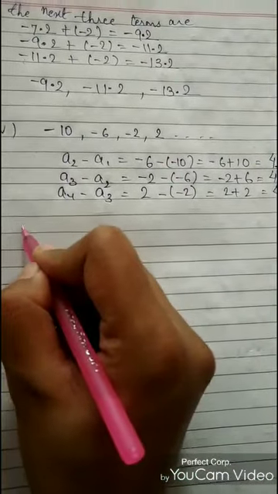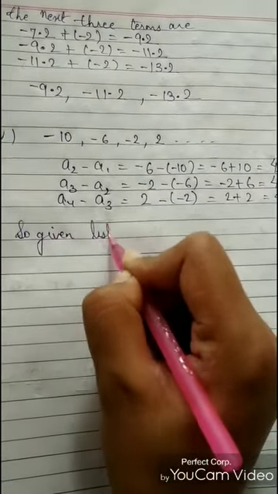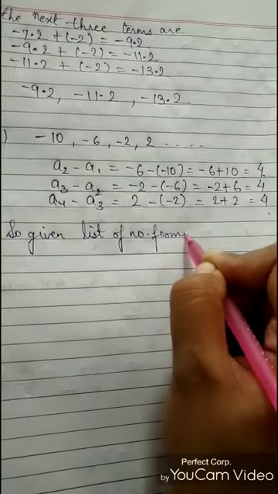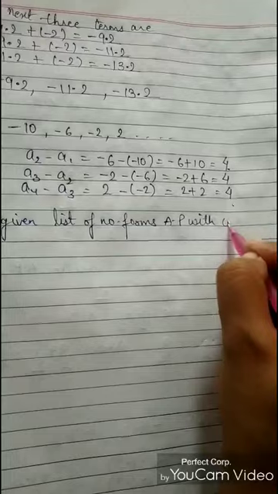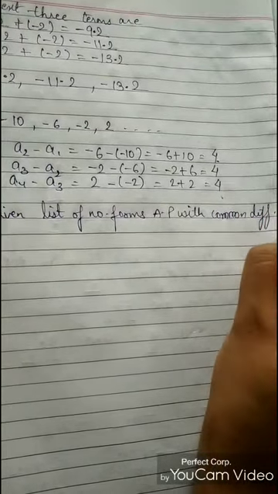So the given list of numbers forms an AP with common difference 4.